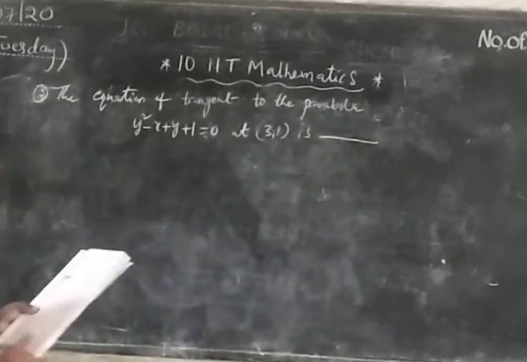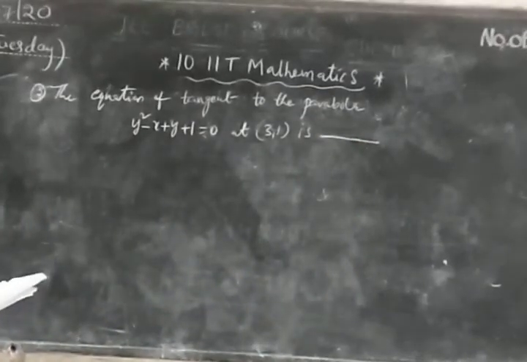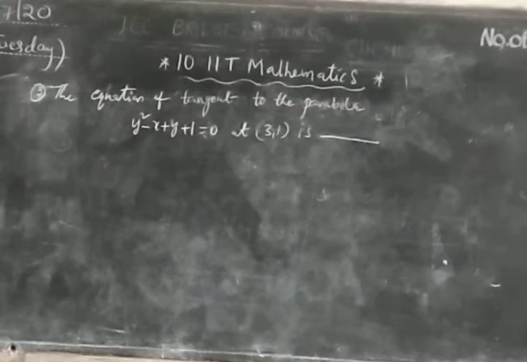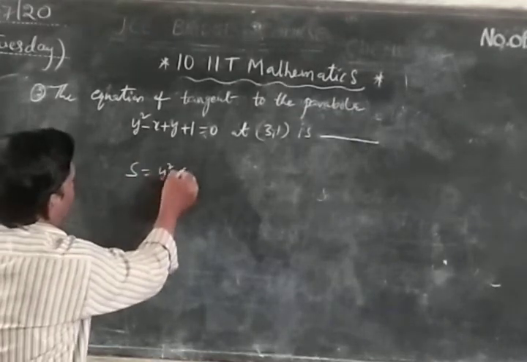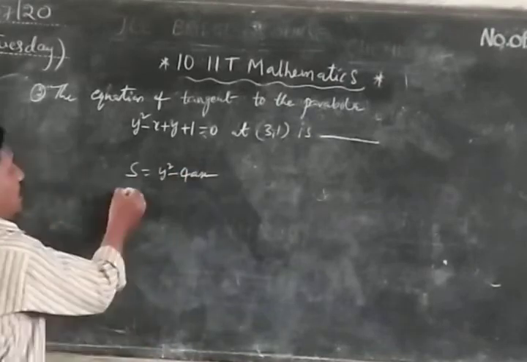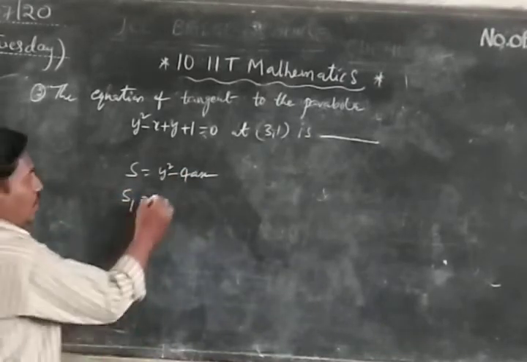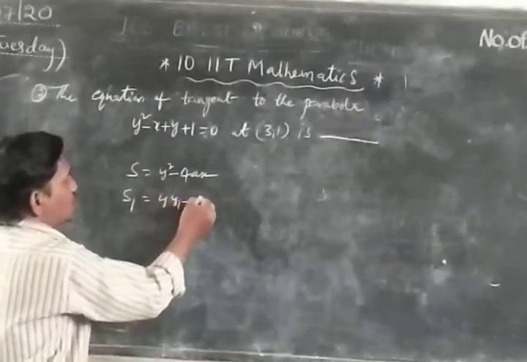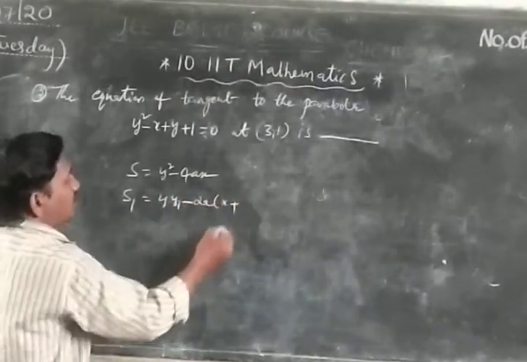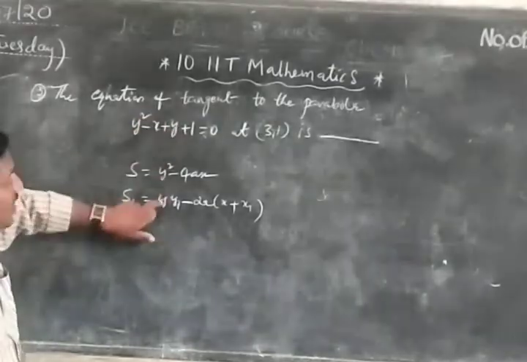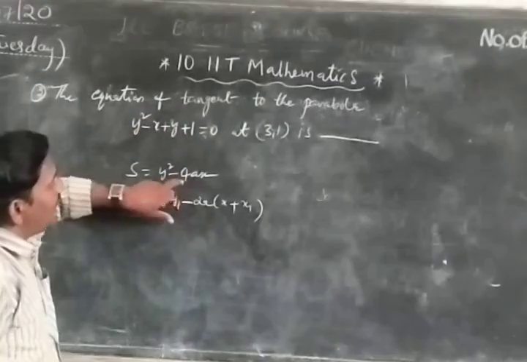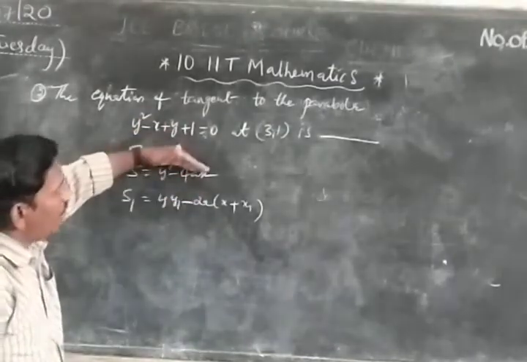Okay, we know that S equal to y square minus 4ax, S1 equal to y y1 minus 2a into x plus x1. This y square becomes y y1. 4a means half, 4a becomes 2a.